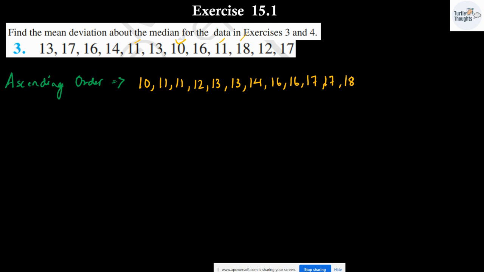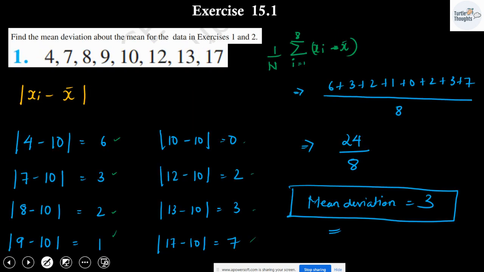Now I need to count how many numbers are there. So 3, 6, 9, 12, so 12 are there. So I can take n is equal to 12. n is an even number, right? For an even number, what is going to be the formula?